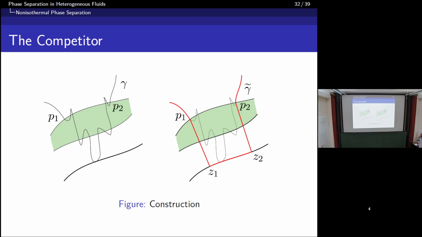What we do is take the entry point and the exit point in your level set, and we project them onto the 0 set and connect them using a line. And what you can show through many applications of the co-area formula is that this actually gives you a converging series.